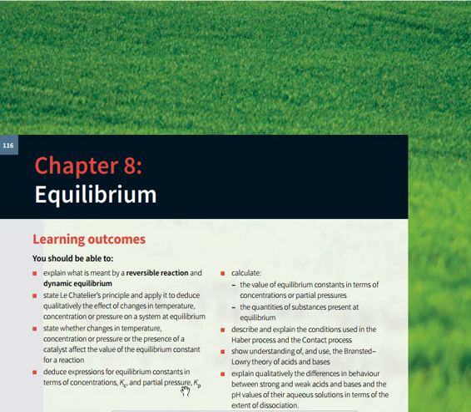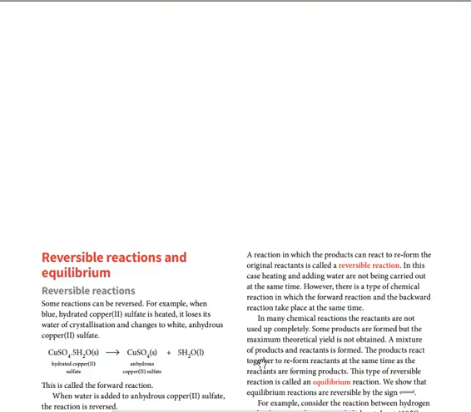Calculate the value of the equilibrium constant in terms of concentration. Describe the conditions used in the Haber process and contact process. And the last one is the Bronsted-Lowry theory of acids and bases, which we are going to do in acid-base equilibria.